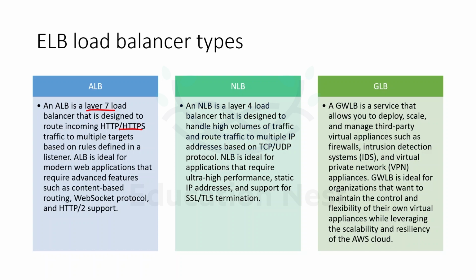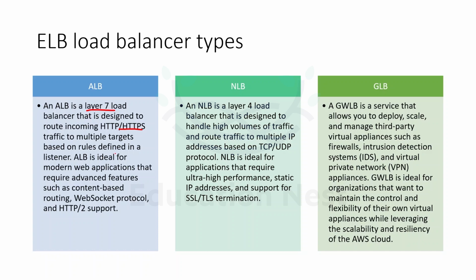The targets can be EC2 instances, containers, or even Lambda functions. It is ideal for modern web applications that require advanced features such as content-based routing, WebSocket protocol, or HTTP2 support, because it can support multiple protocols. It supports HTTP 1.1, HTTP 2 and WebSocket protocols, making it suitable for modern web applications.